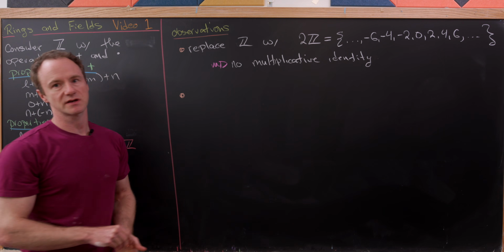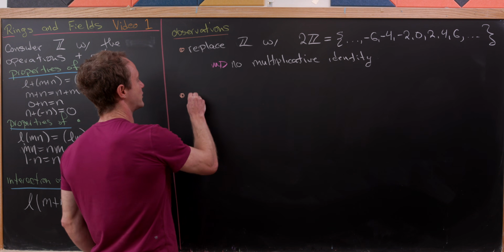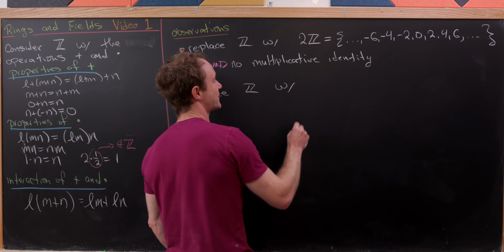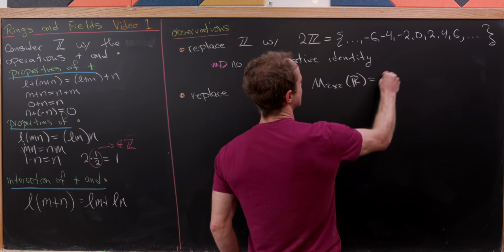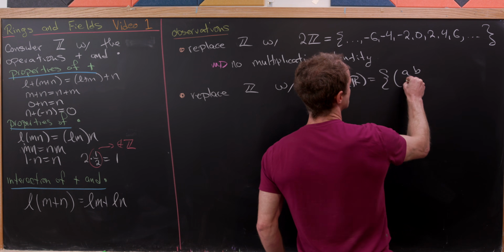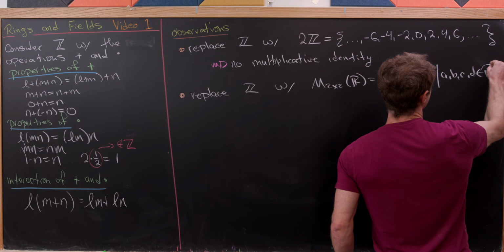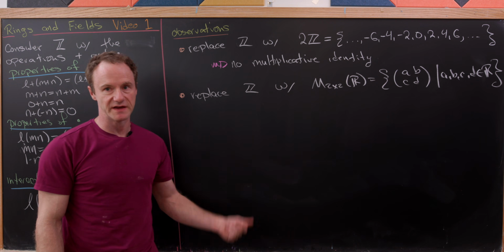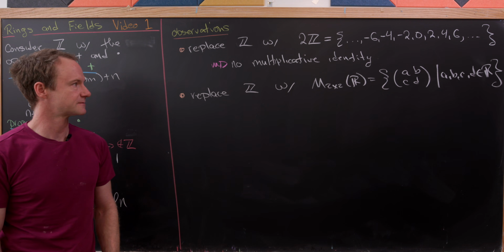So now let's look at another case here, and that is if we replace the integers with what I'll call M2x2R, which is going to be the set of all 2x2 matrices where the entries come from the real numbers. You're probably very familiar with this set of objects from perhaps a linear algebra class.